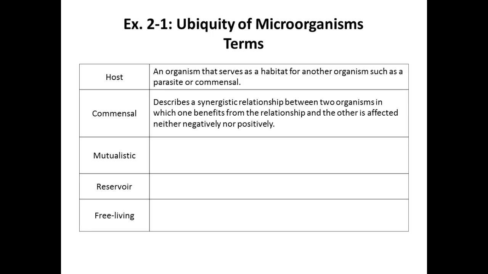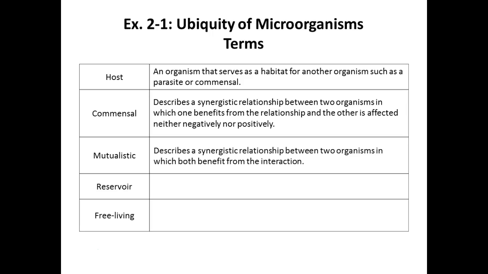Okay, mutualistic on the other hand, and I always think of marriage, at least a good marriage. In this case, both partners should benefit. Both should benefit. And as I said, the microorganisms in your gut, you're feeding them, you're giving them a place to live, and they're producing vitamins for you. They're helping digest some of your food you don't digest.